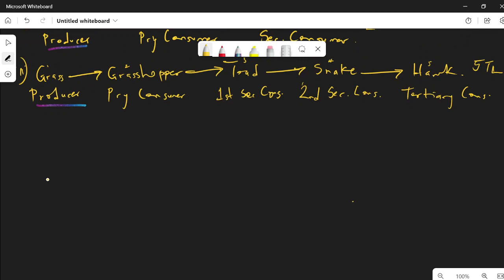Okay. So I said we want to see another example of food chain, but in aquatic habitat. Now the ones we have treated, they are in terrestrial habitats. So for the aquatic habitats, let's see. Let me start with planktons.